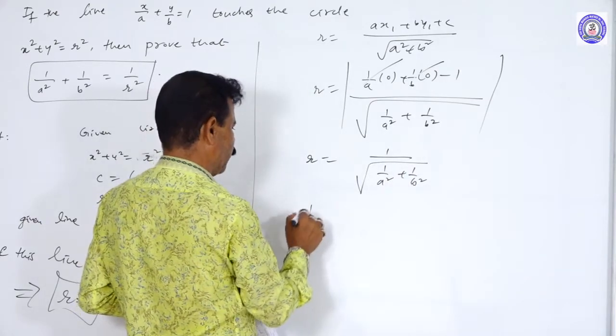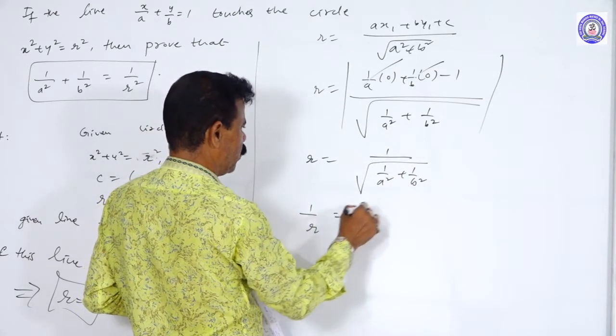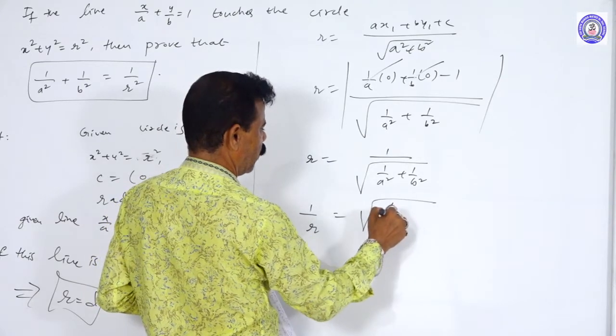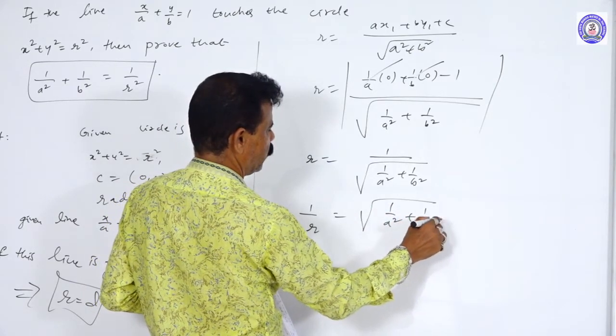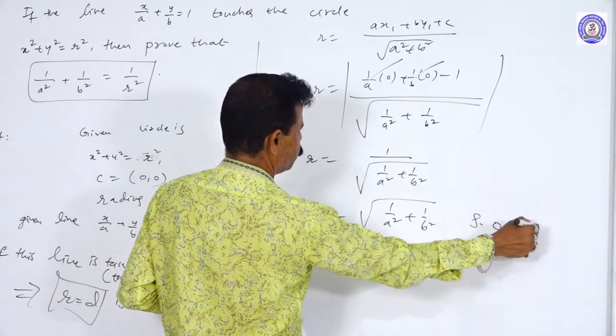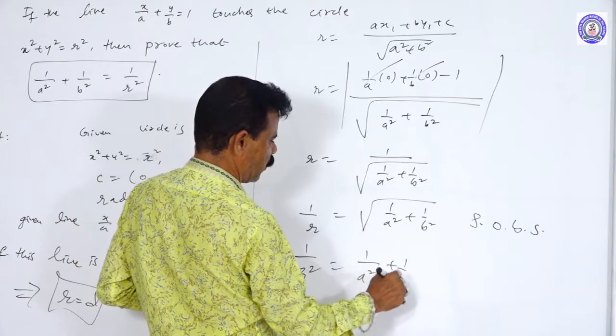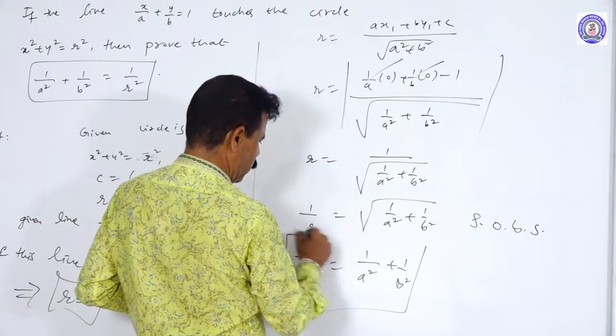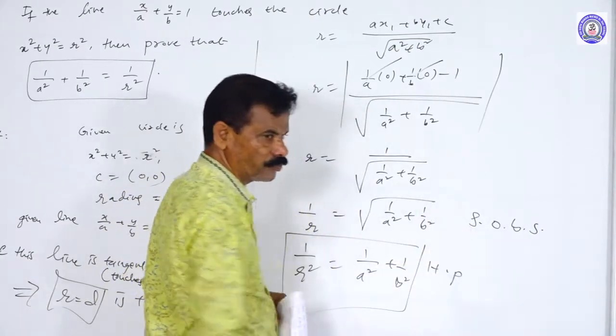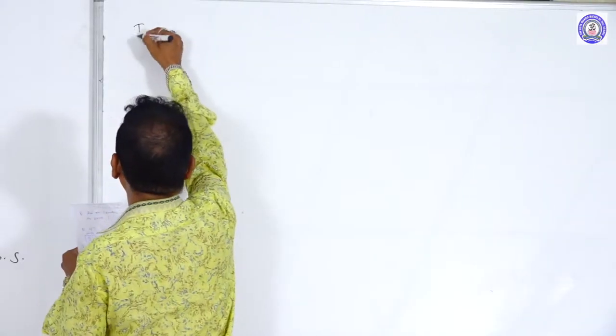So we reciprocate. 1 by R is equal to root of 1 by a square plus 1 by b square, squaring on both sides. So here 1 by r square is equal to 1 by a square plus 1 by b square. Hence proved. That's all.